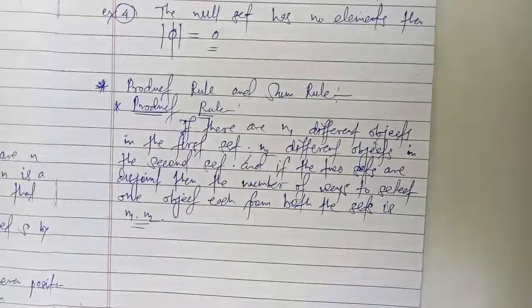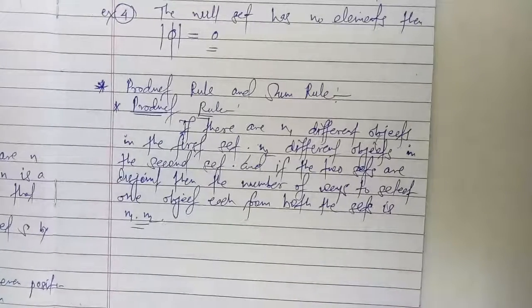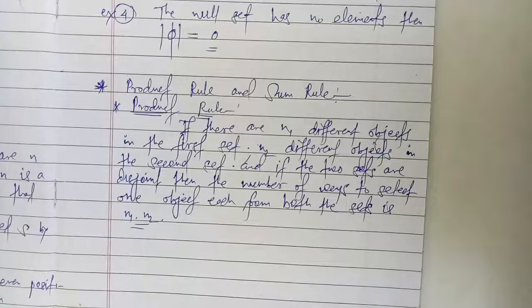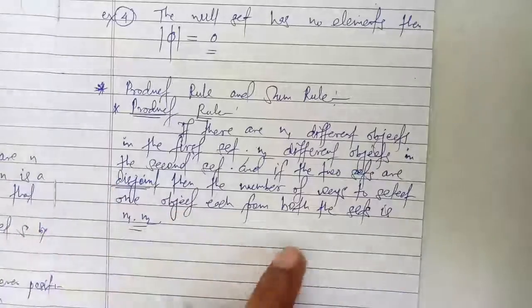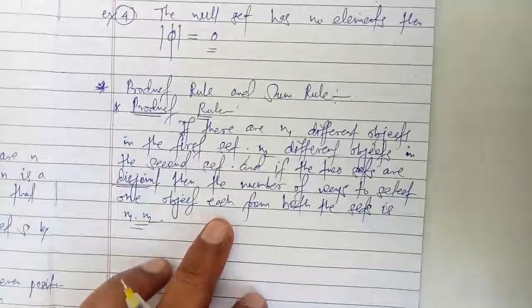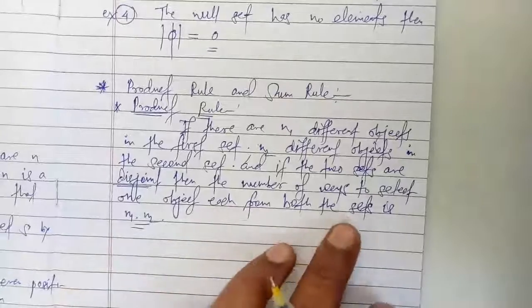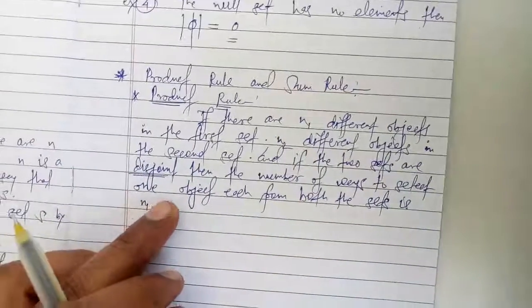If there are n1 different objects in the first set, and n2 different or distinct objects in the second set, and if the two sets are disjoint, disjoint means different, then the number of ways to select one object each from both sets is n1 into n2.